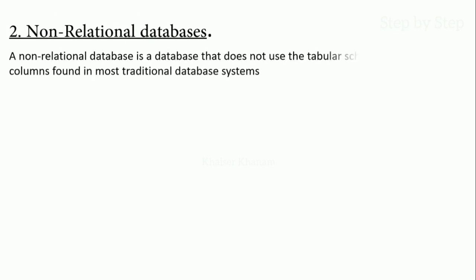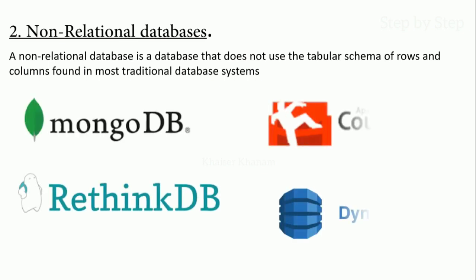The second type of database is the non-relational database, in which the data is not stored in the form of tables. Data is stored in the form of documents and collections. We have MongoDB, RethinkDB, and plenty of other non-relational databases. If you want to become a MERN stack developer, then you have to learn MongoDB.